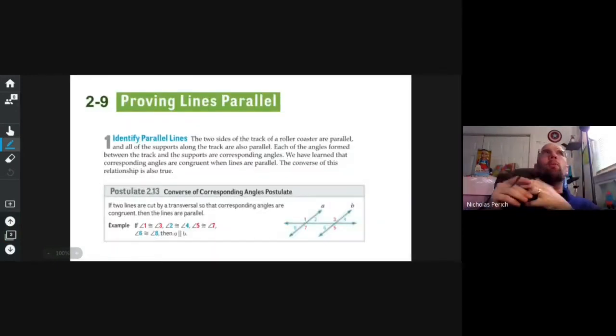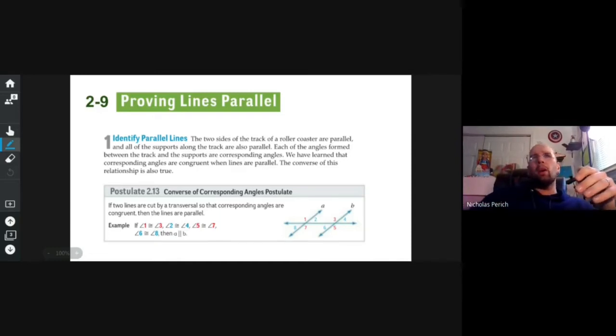This is different than what we did last time. Instead of being given parallel lines and proving that angles are congruent, oh boy, I really offended Keon, we're given angles that are equal to each other, and we have to find that the lines are parallel.